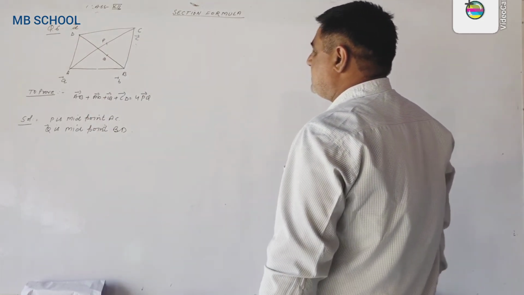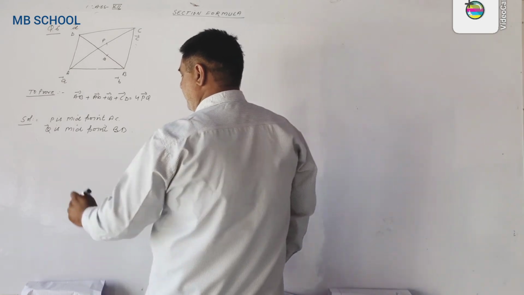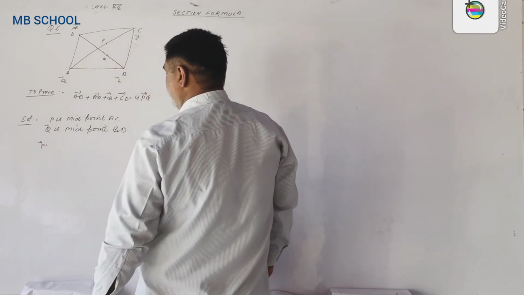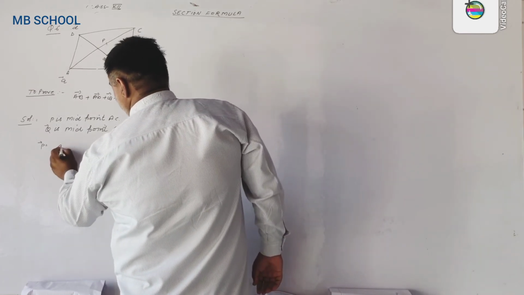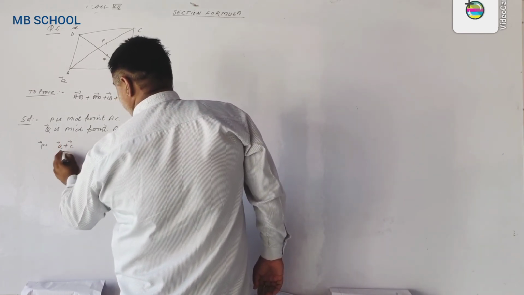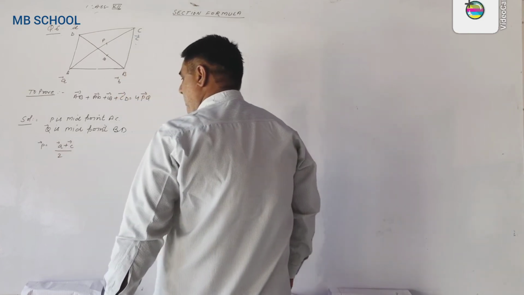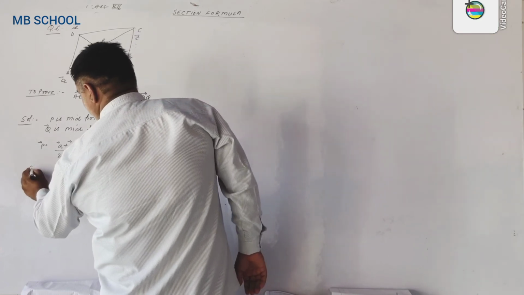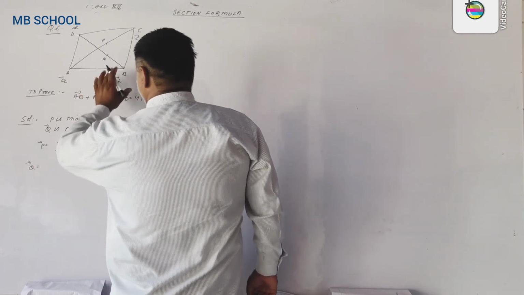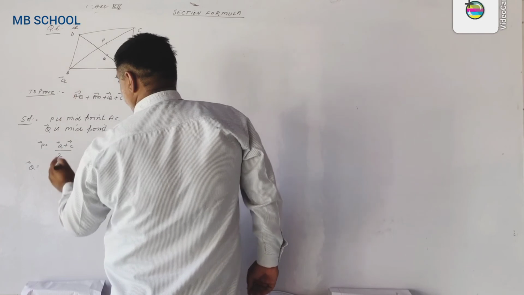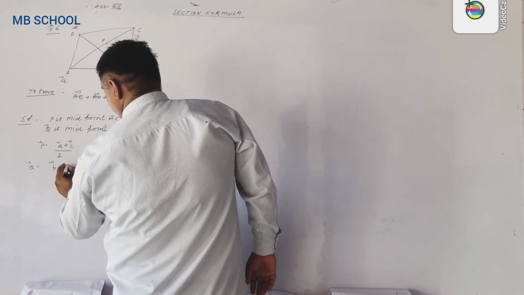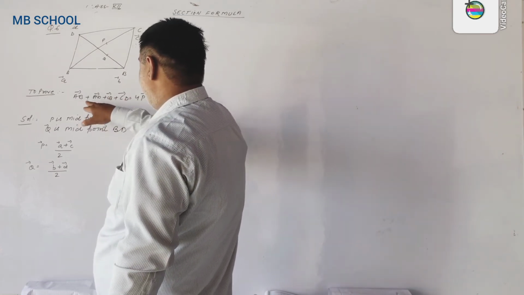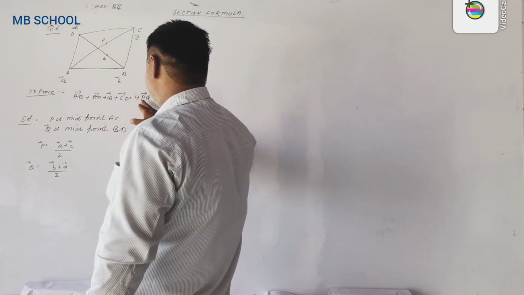Now first, P is the midpoint of AC. Then vector P is, by the midpoint formula, vector A plus vector C by 2. This is the position vector of P. Now Q is the midpoint of BD, so it is vector B plus vector D divided by 2. Now it is given that AB plus AD plus CB plus CD is equal to 4PQ.